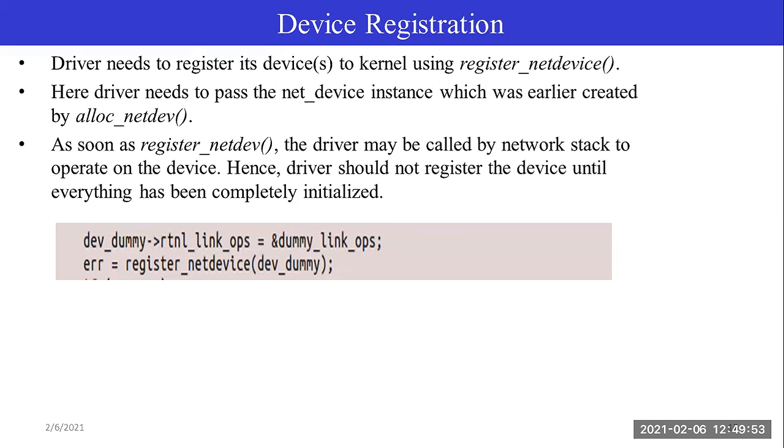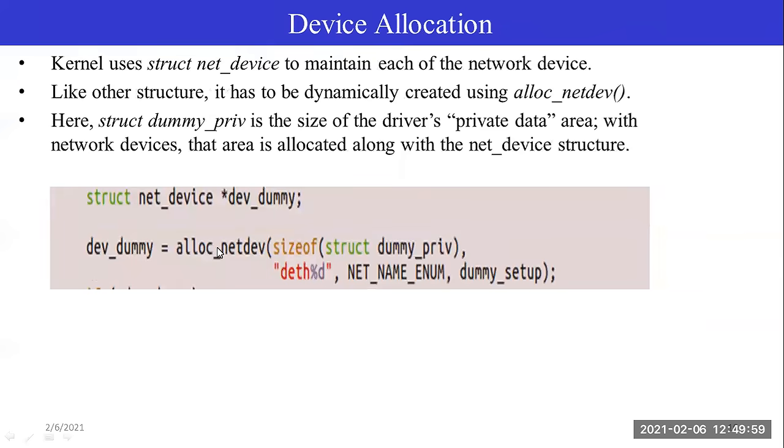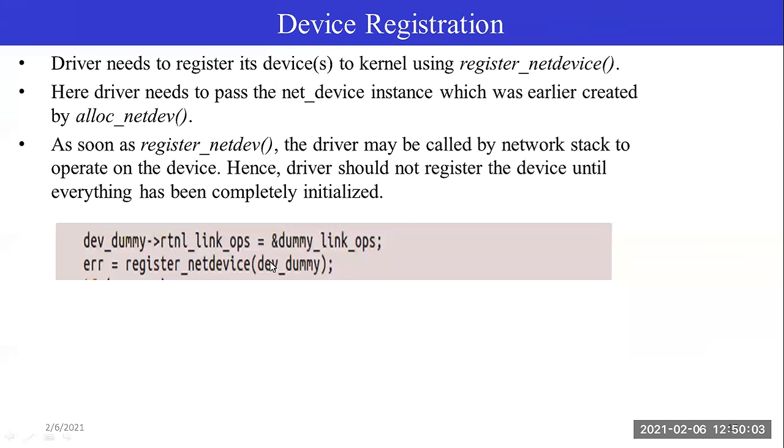So the registering mechanism is this. We are calling a dev dummy that we get from the alloc net dev and sharing that information with register net device. And before that, we need to fill up a set of operation function pointers, so that they will be called from the network stack in particular scenarios.